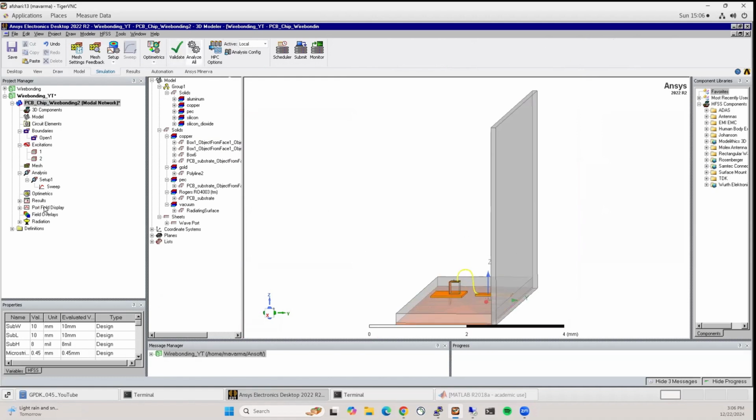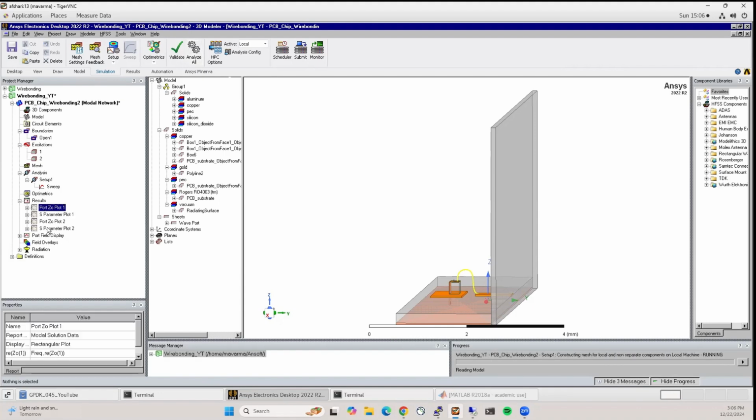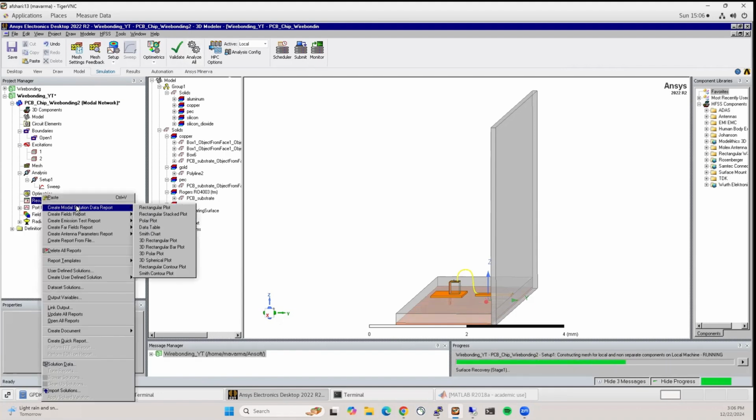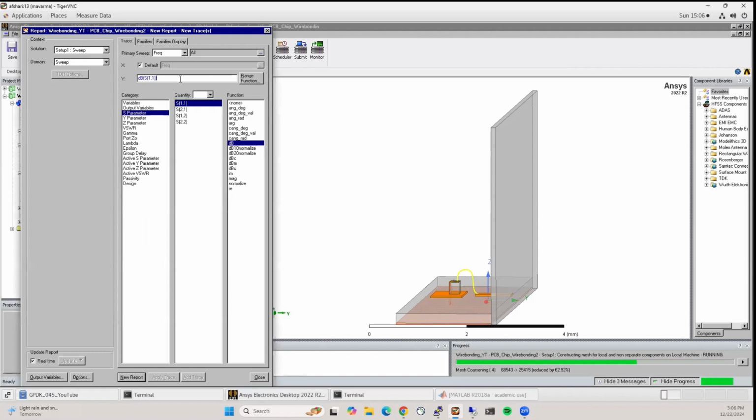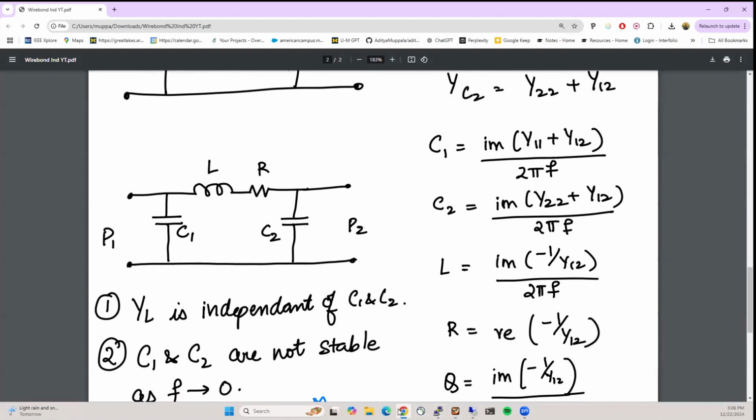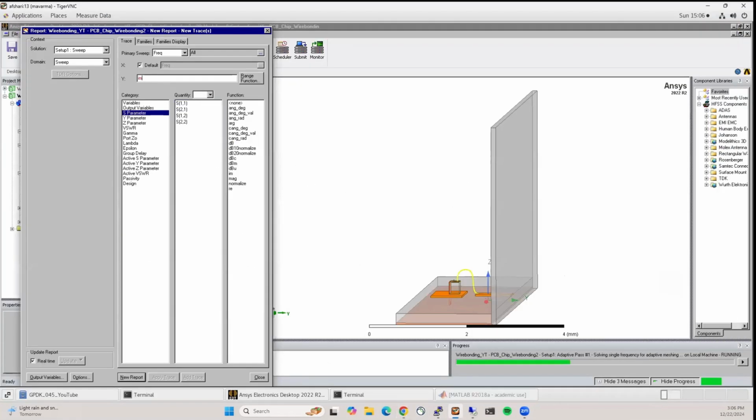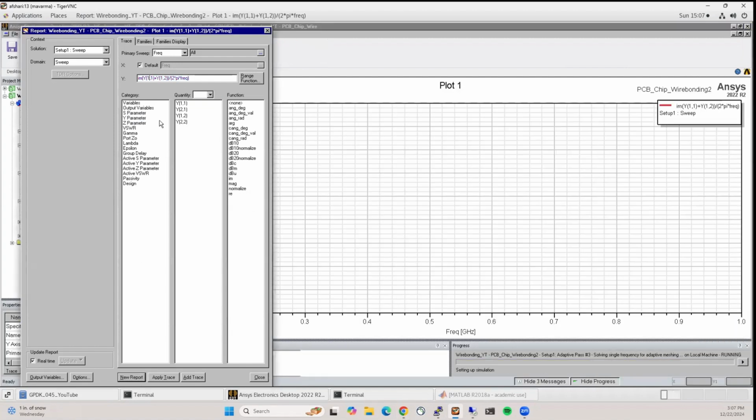And while that's simulating, what we can do is we can set up the values. So, okay. So we had the equations for all the different parameters, right? These ones. So that's what I'm going to use. All right. So the imaginary part of y11 is 2 divided by 2 pi times the frequency. So that was the capacitance. That's the second capacitance.